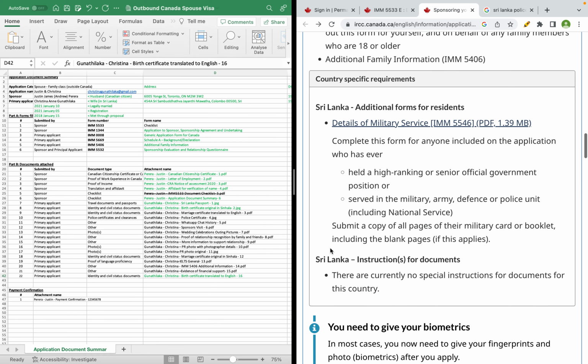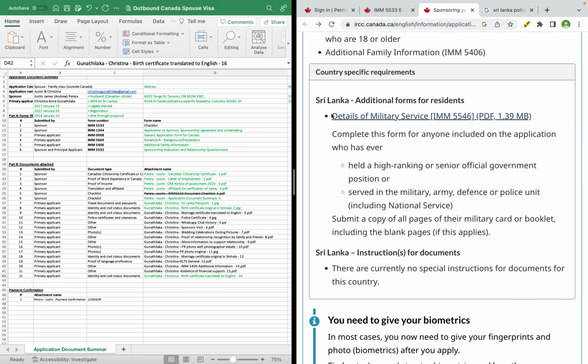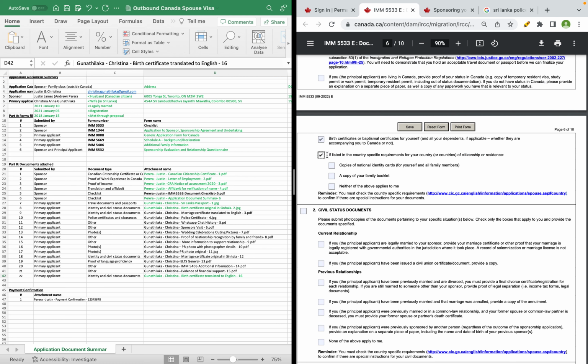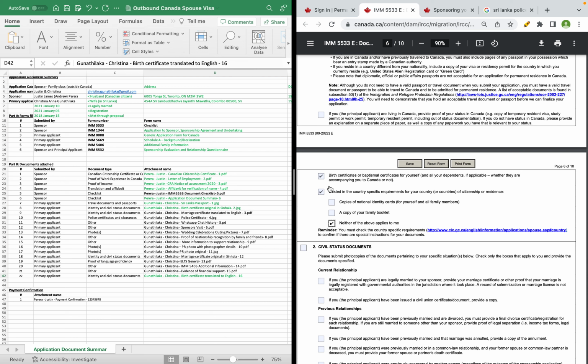Country specific requirements apply only if you have military service or similar, and it says there are no country specific instructions for documents for this country. So we can say that we actually considered this point. If listed in the country specific requirements, then you need to provide it, but neither of the above applies to me. So that's the point over there.